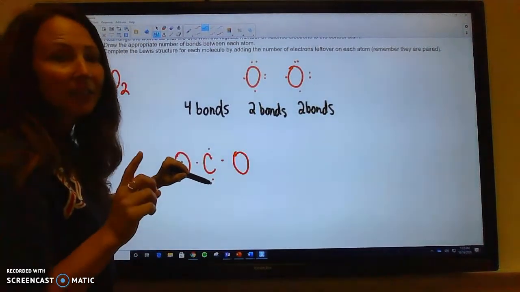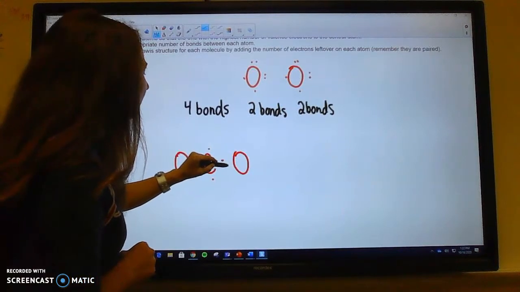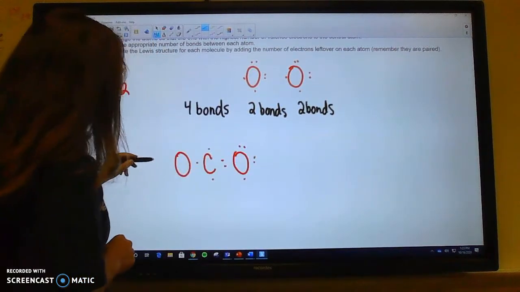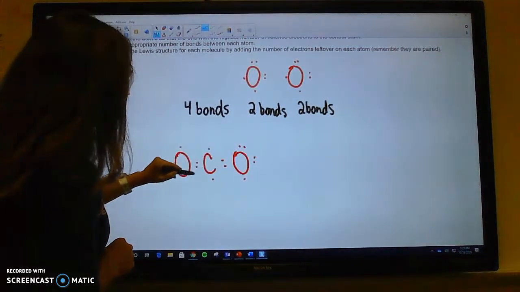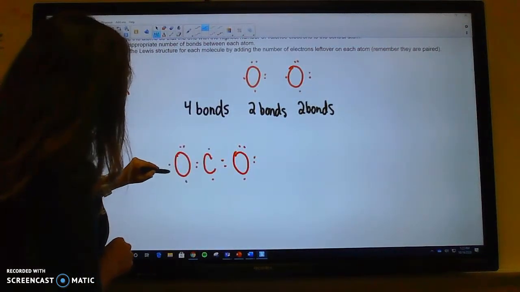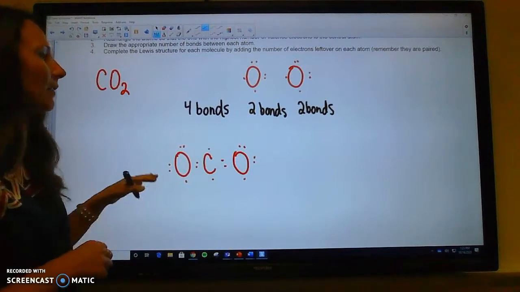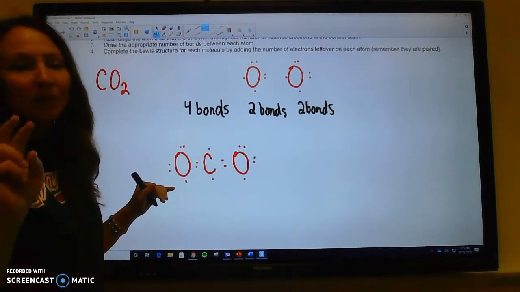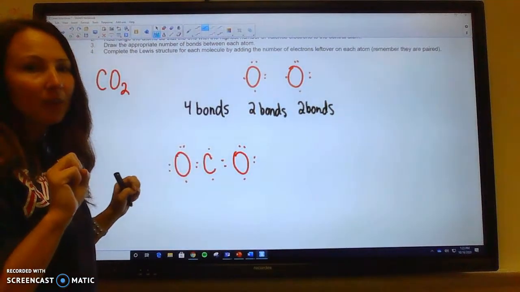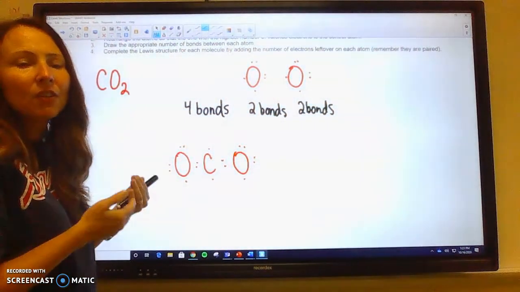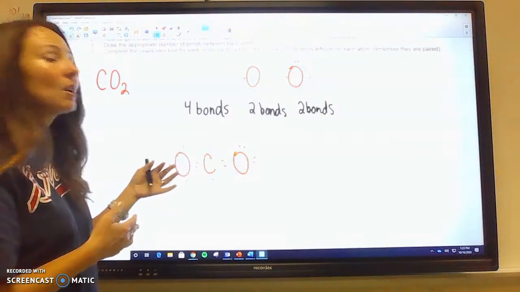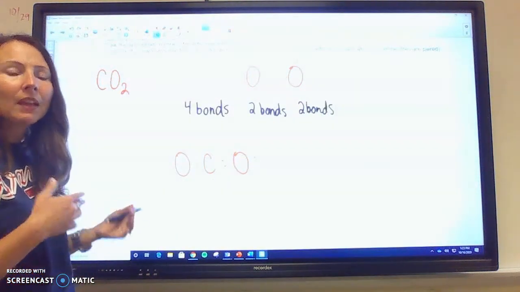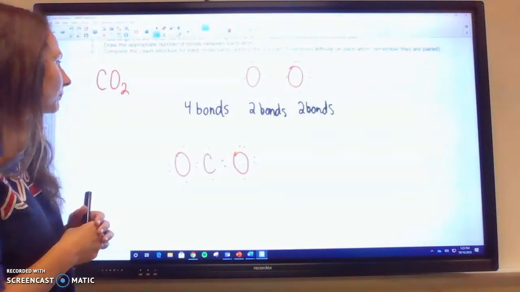Oxygen has 6 valence electrons, okay? So 1, 2, 3, 4, 5, 6. So if I have 6 valence electrons on each oxygen, oxygen can make 2 bonds, carbon can make 4. Let's try to figure out an arrangement so that we will satisfy the number of bonds each one wants to form, and then figure it out from there.